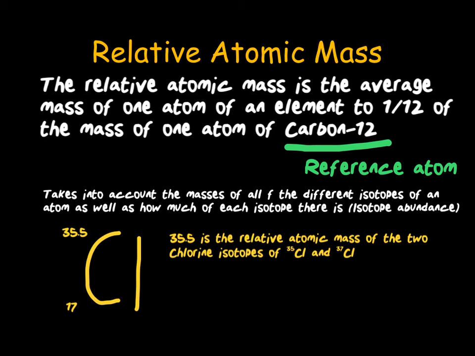As this number is closer to chlorine-35 than 37, we can infer that chlorine-35 is a more common isotope than chlorine-37.